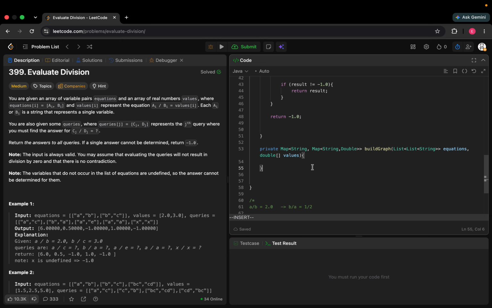Okay, so for the build graph is graph. For the equation, so we can start from the equation.